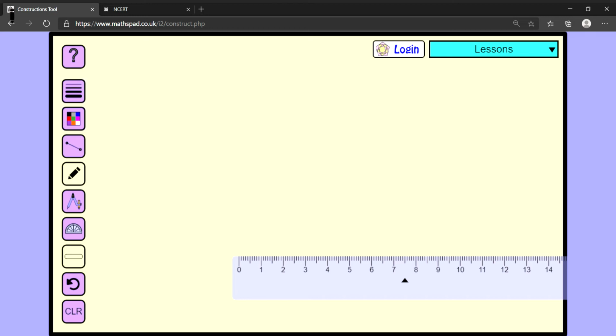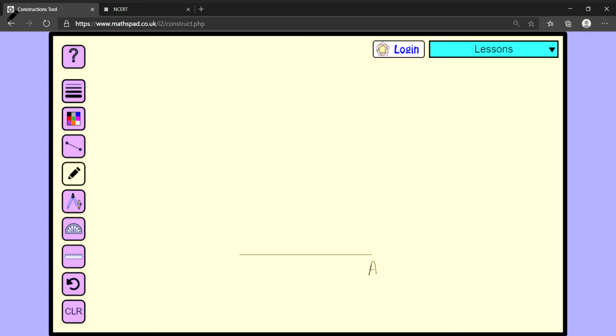of length 6 centimeters as base. Let's name it as AB. At B, I'm going to construct a 90-degree angle.